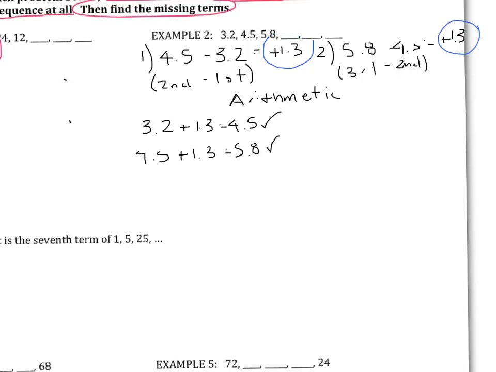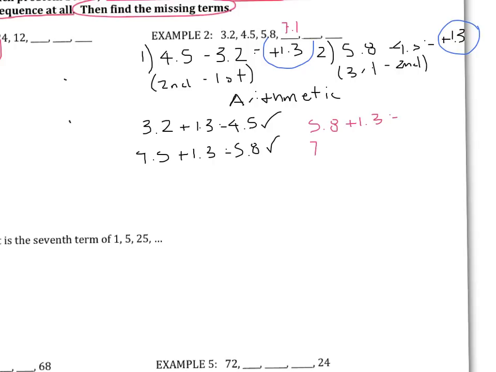So what I'm going to go ahead and do is fill in the rest of my pattern. I'm going to say, okay, we had 5.8, and I'm going to add 1.3. Go ahead and try that on your own, try that in your calculator. That's going to give me 7.1.